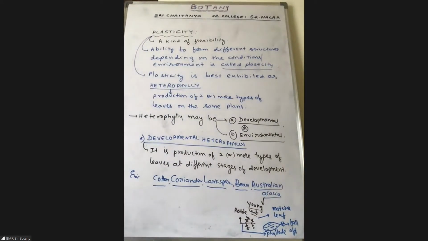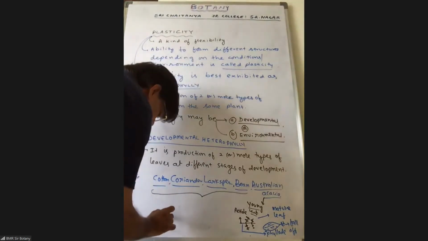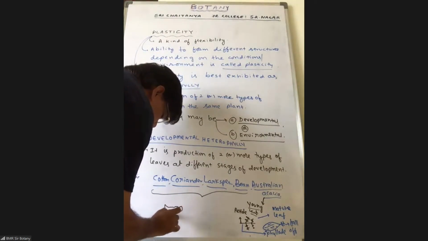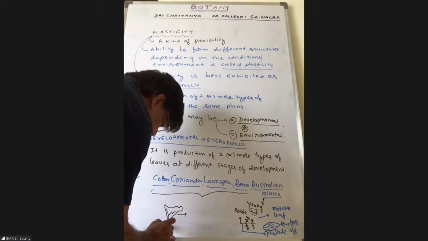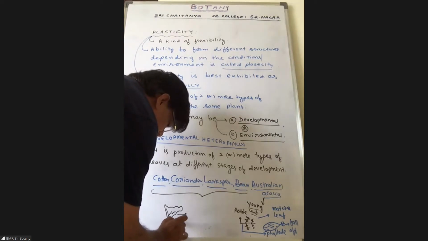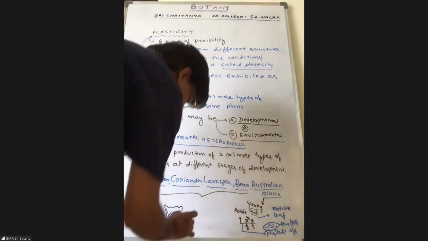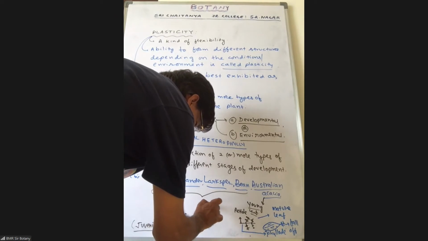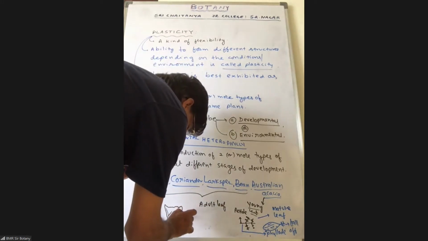See? Young leaf one type, mature leaf another type. Here in these cases, the young leaf is like this. Young leaf, the juvenile stage, we otherwise call it. Juvenile or young leaf, adult or mature leaf, you see what happens.